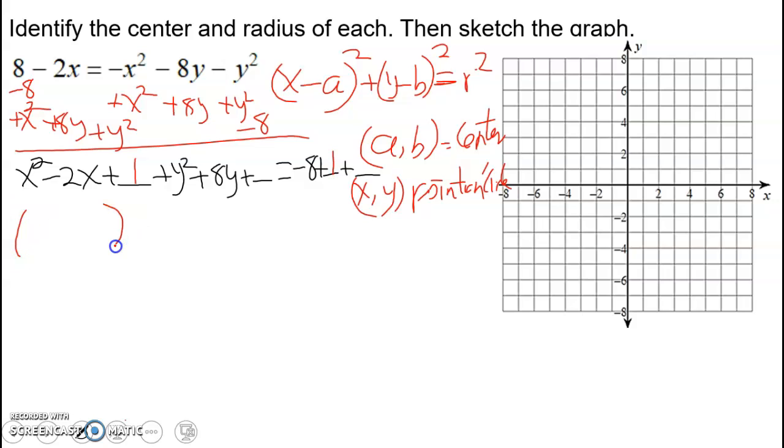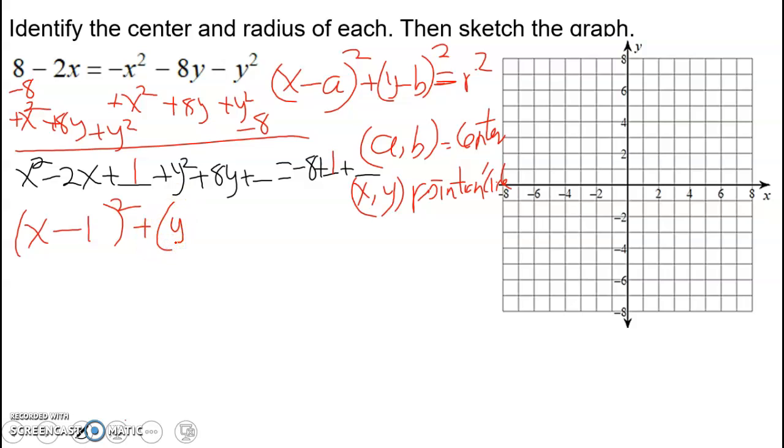And we're going to factor that, that's going to be x minus 1. Since it's negative 1, it's good to just write it like that. That way you won't forget it, because that 1/2 is what you use to write your square.